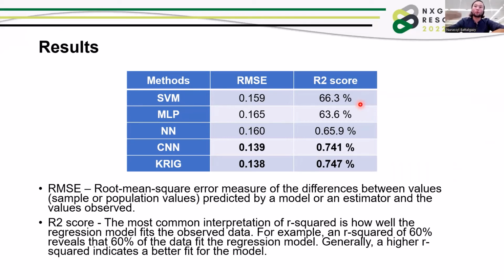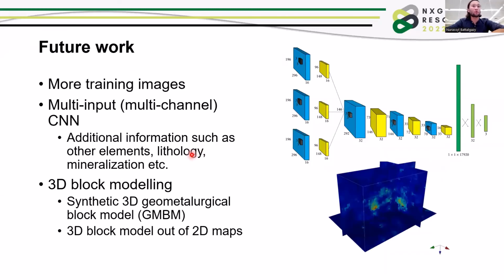In other words, it shows how well the data fits the regression model. We can see from the table that CNN and kriging show almost similar results, which is a good indicator for CNN, and possible usage of more training images in the future may result in better performance of the CNN methods. So this is the future work.